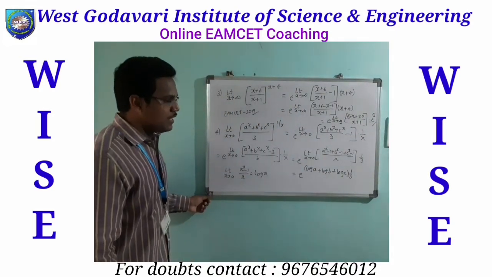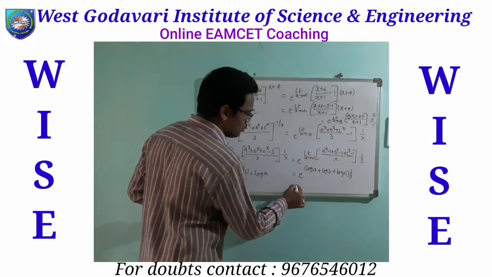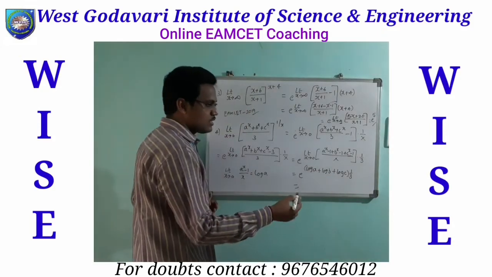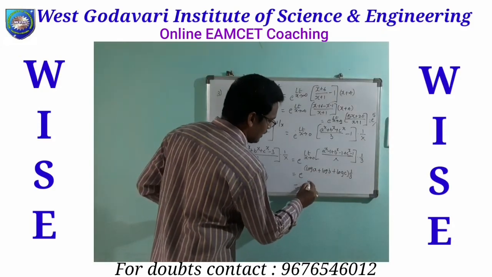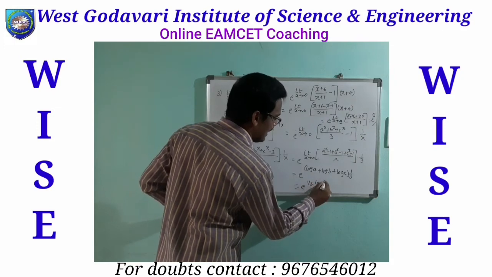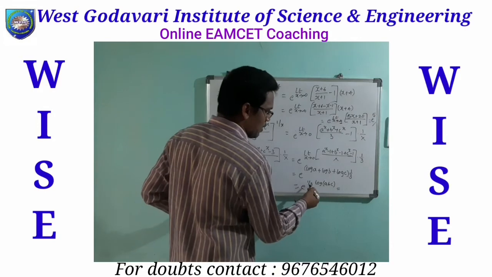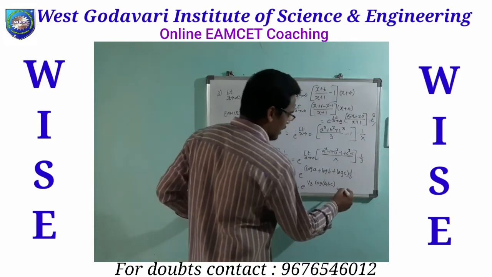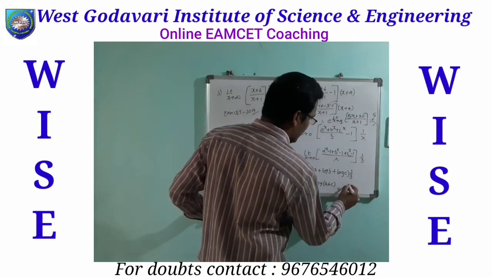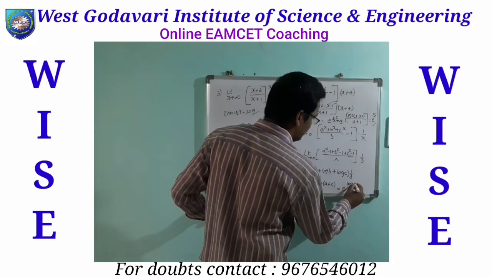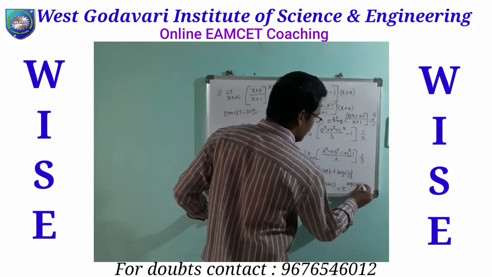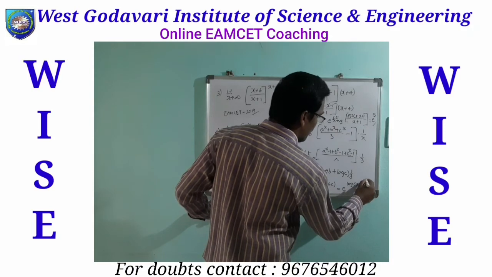By applying the properties of the logarithm, log a plus log b plus log c, that is e power 1 by 3 log abc. So that is equal to 1 by 3 into log abc. Again we can apply the log properties, e power log (abc) whole to the power of 1 by 3.